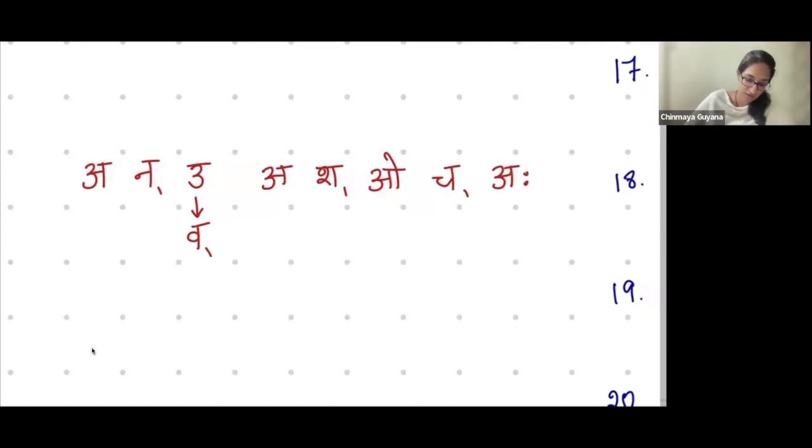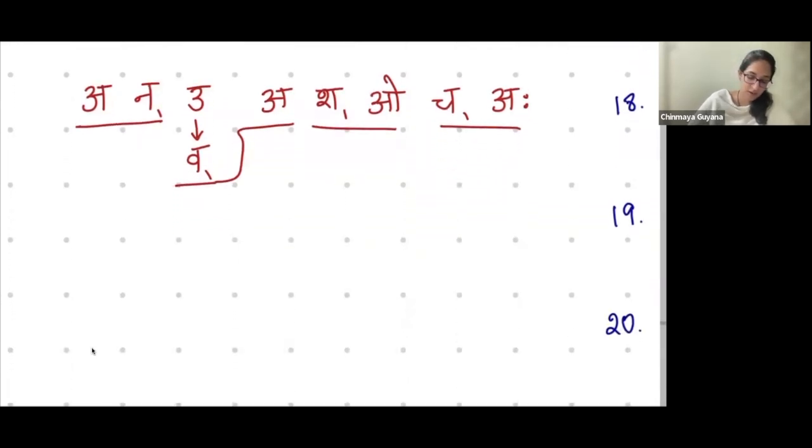So what you're going to get now is anvashochaha. So now how do you write that? That will become a n halant, half na, va, sho, cha.